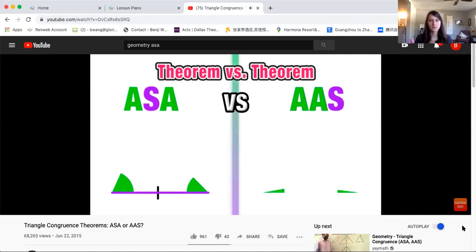Angle side has two congruent angles, but in this case they are consecutive and the side comes after them. So we have two congruent angles in a row and then a side. Take a second to visualize this so you don't confuse these two theorems. They both have two angles and one side, but it's the location of the side that will help you determine which theorem to use.